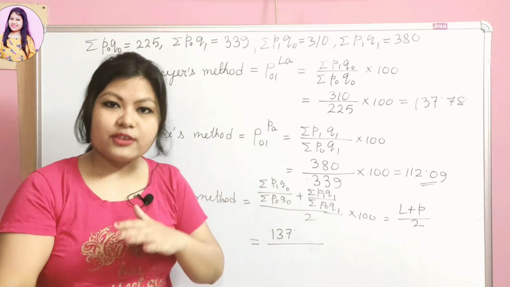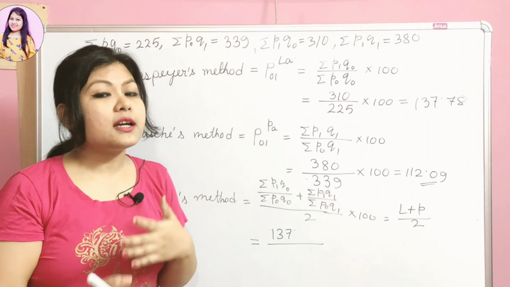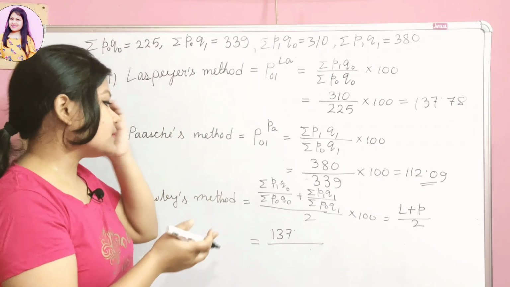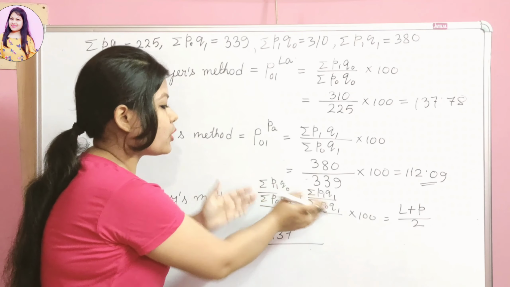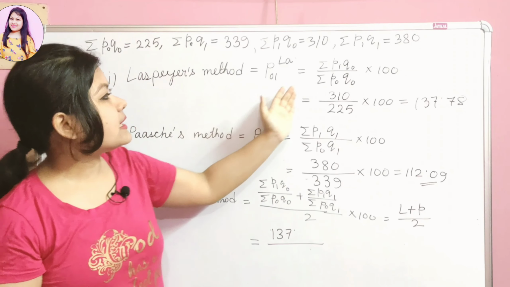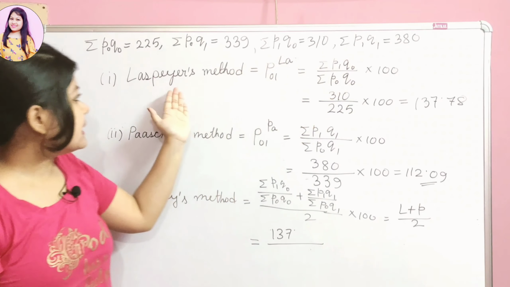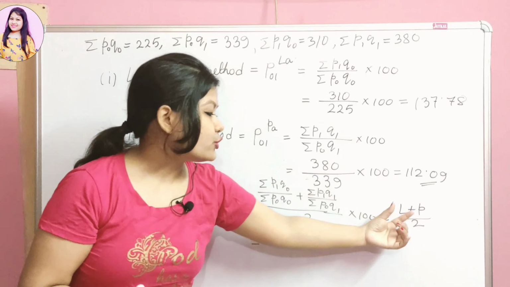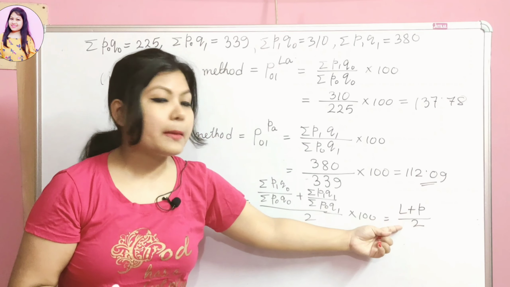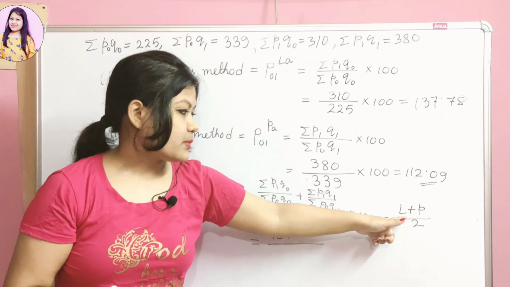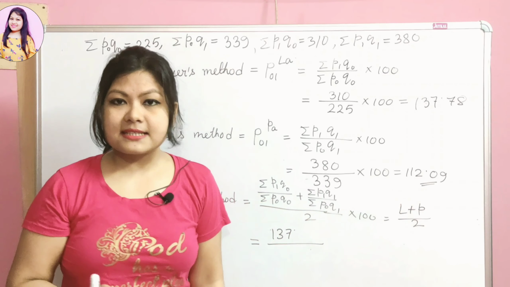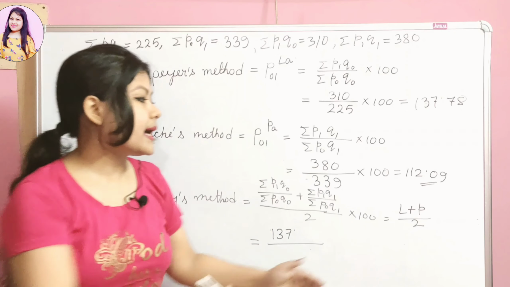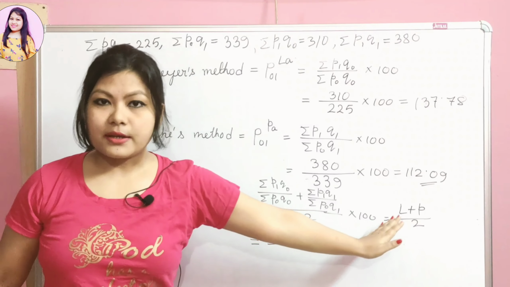It is entirely up to you which formula you want to use, because sometimes if you forget this formula, since you have already found Laspeyres' index number and Paasche's index number, it will be easier for you to remember this formula: Laspeyres' index number plus Paasche's index number divided by 2. That's why I am using the second method.